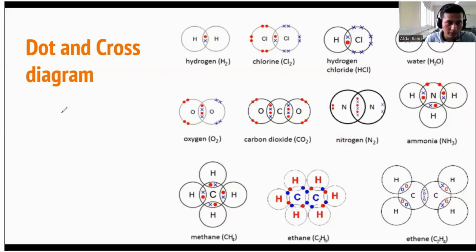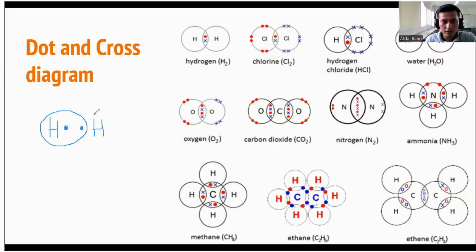To become a duplet, hydrogen needs to have two electrons, so it needs one more additional electron. How does it achieve that? Hydrogen will react with another hydrogen. They will create covalent bonding by sharing the electron.